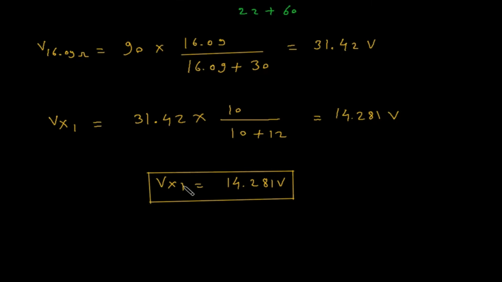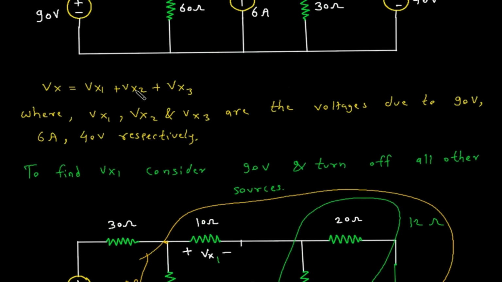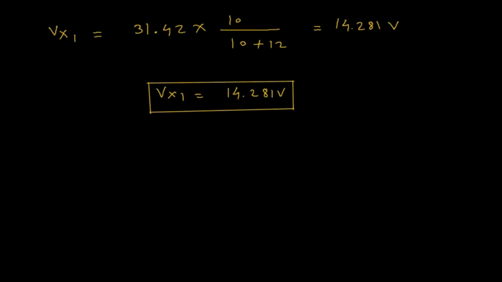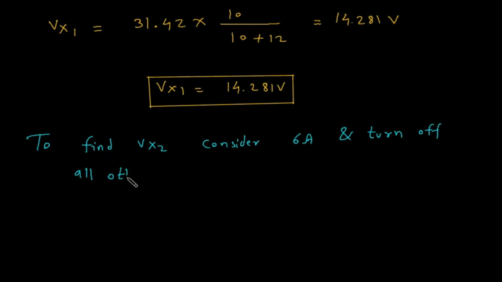Next we have to find Vx2. So to find Vx2, we will consider this 6 ampere current source. To find Vx2, consider 6 ampere and turn off all other sources.